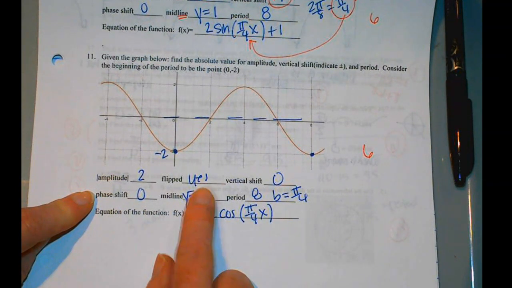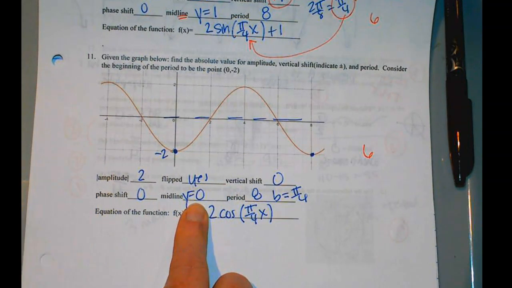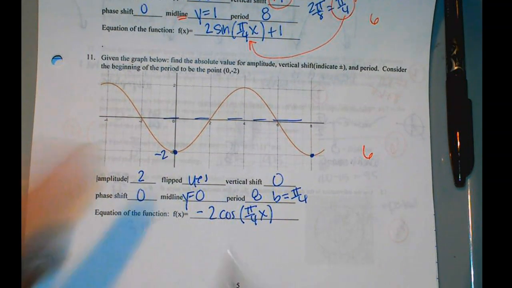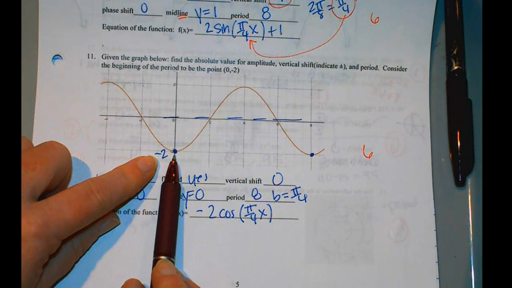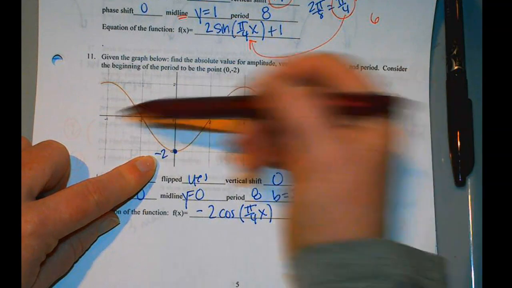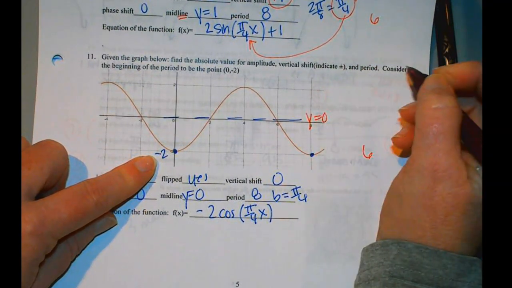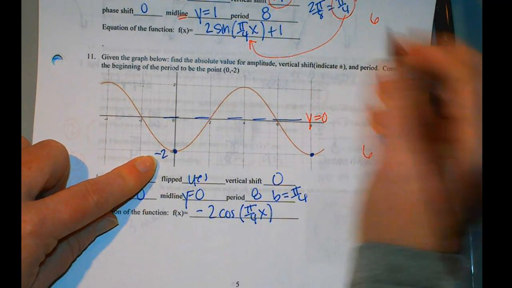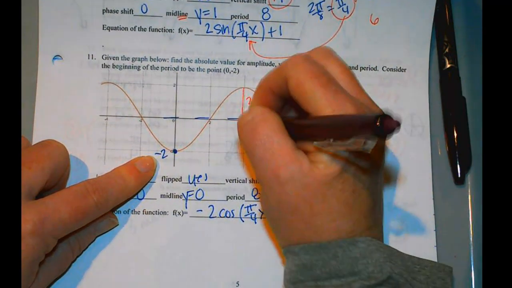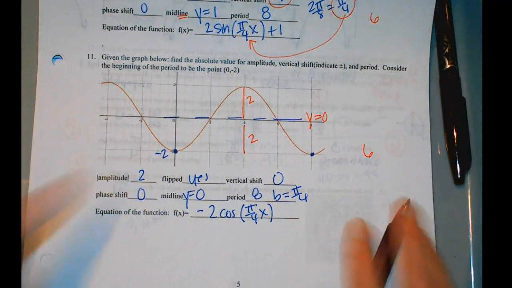It was flipped. The midline is the middle, and some of you had trouble with that, and I get how cosine starts at the bottom, so you think it's been shifted, but the middle's still the middle. So if you draw the middle and then you can write an equation for that, that's the midline. And then it goes up 2 from there and down 2 from there. That's the amplitude.